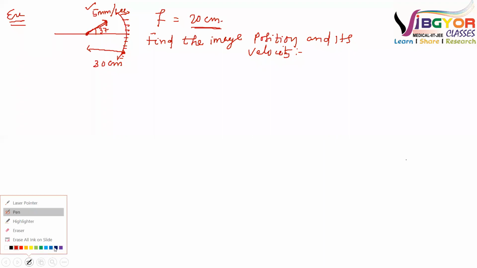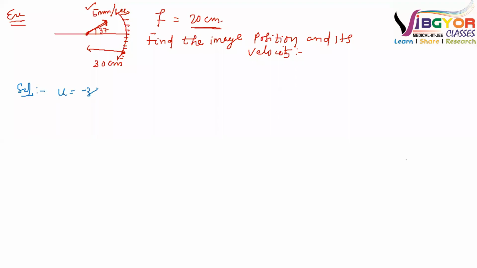The given data are, students, u is given minus 30 centimeter, and focal length is given minus 20 centimeter. Using the mirror formula, 1 by v plus 1 by minus 30 is equal to minus 1 by 20.